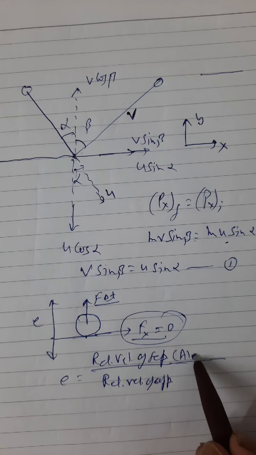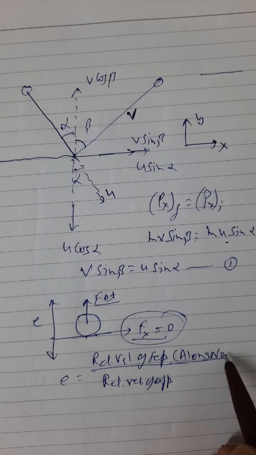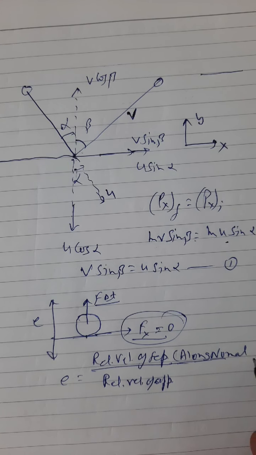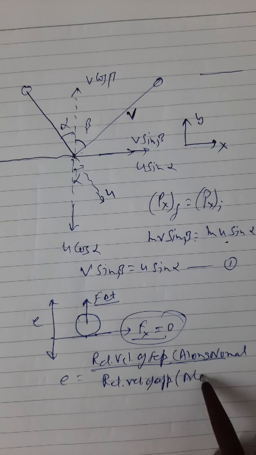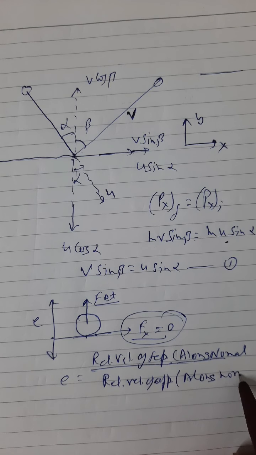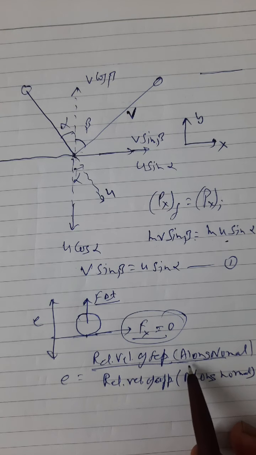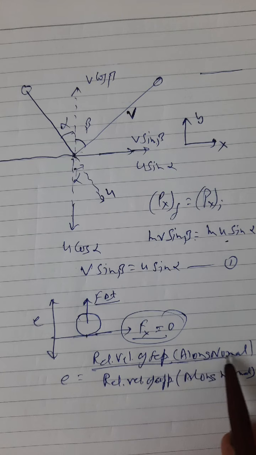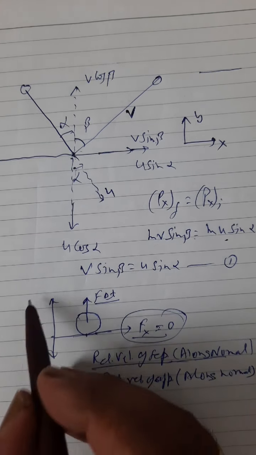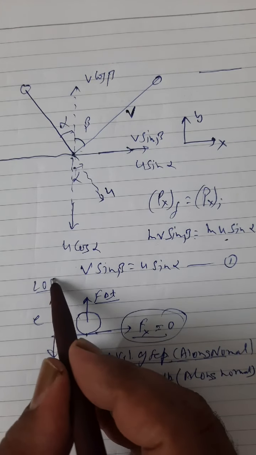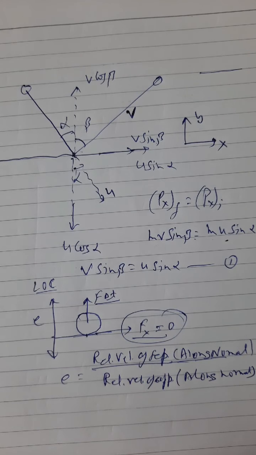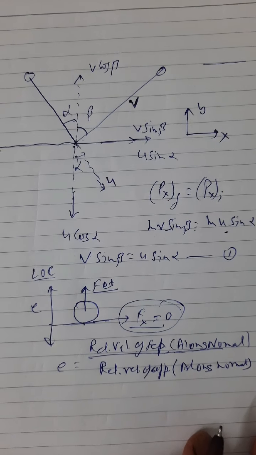I'll write along normal, here also along normal. Actually, this normal, I later on change my definition. That is, normal is called line of collision or line of impact. I simply write LOC, line of collision or line of impact.